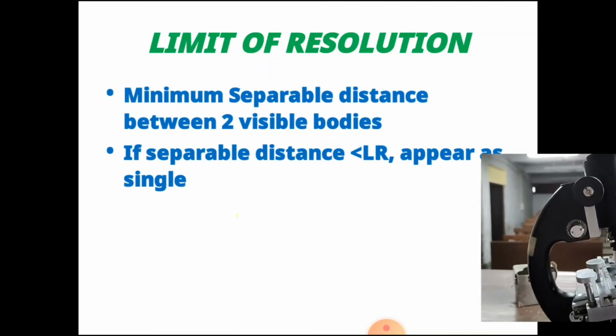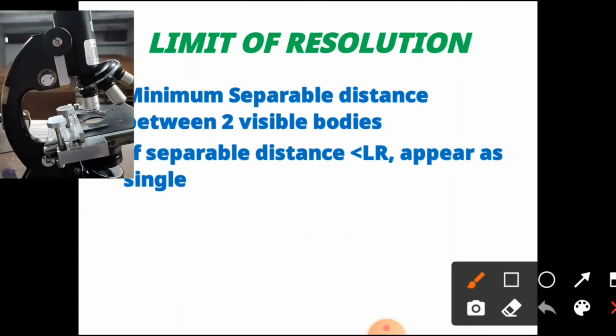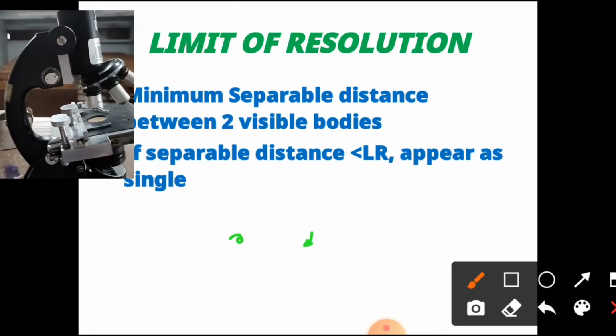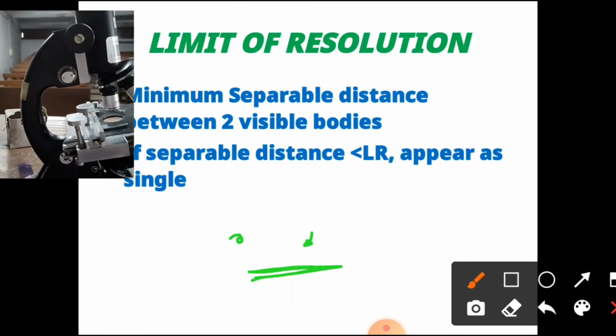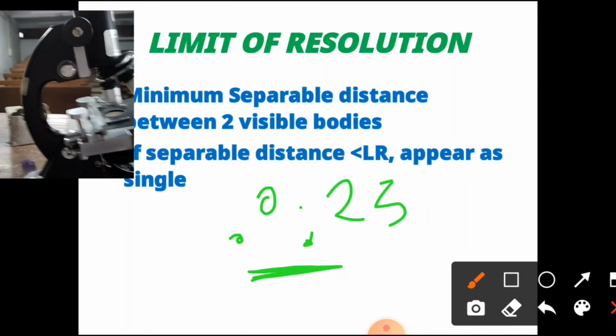Suppose here is one dot and here is another dot. The distance between the two dots is about 0.25 millimeter.